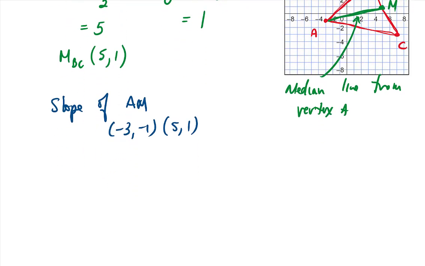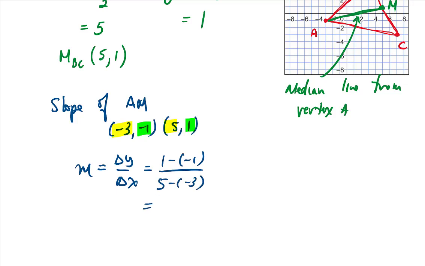So the first thing is we need the slope. The slope of AM, remember, is delta y over delta x. Taking the two y's, so I'm going to start from the M, so 1 minus -1. And then subtracting the same way, 5 minus -3. If we do the subtraction, I get 2 over 8, which is equal to 1/4.